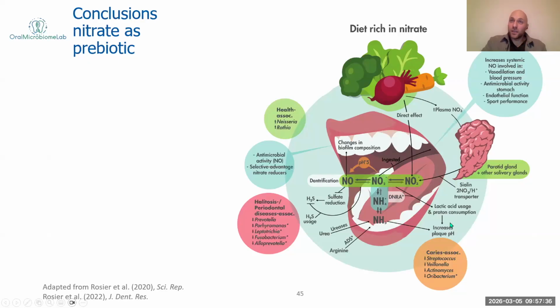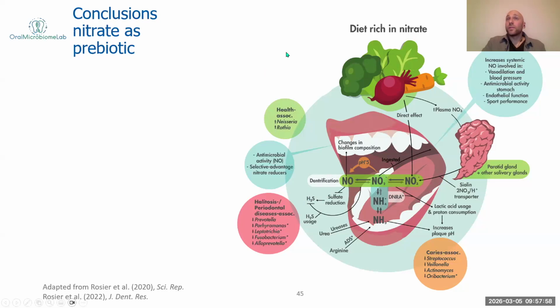And what I didn't discuss today is that in a similar way, nitrate-reducing bacteria can also use hydrogen sulfide as electron donor and thereby limit halitosis. So that's something we're looking into now, and it's very promising. And there will be another study that hopefully will be finalized this year.